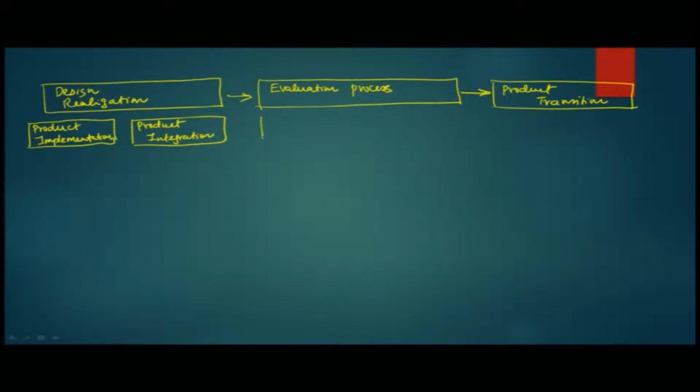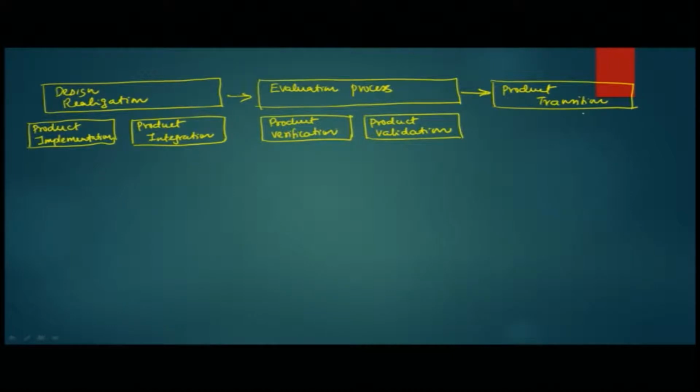Then, there are 2 again here as mentioned: product verification, then the other one is product validation, and then the final one is the product transition.